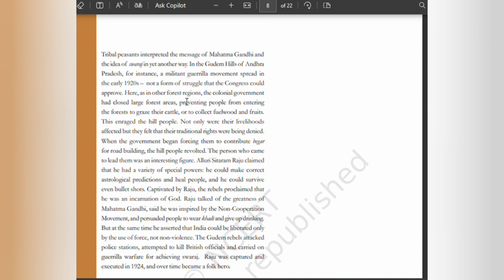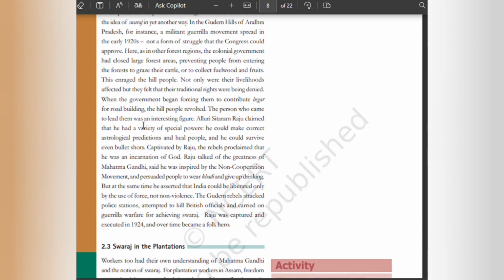Here, as in other forest regions, the colonial government had closed large forest areas, preventing people from entering the forest to graze their cattle or to collect fuel wood and fruits. This enraged the hill people. Not only was their livelihood affected, they felt that their traditional rights were being denied. When the government began forcing them to contribute begar for road building, the hill people revolted.